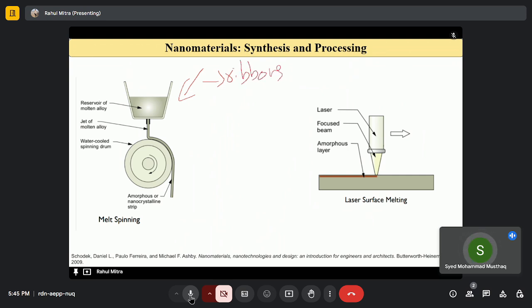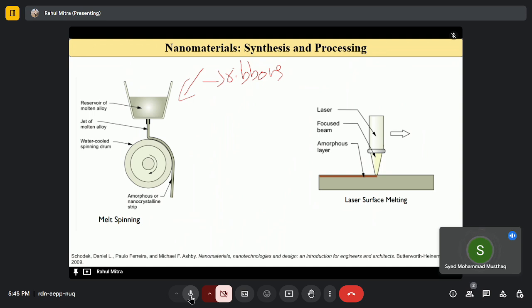We have a melt at elevated temperature, and this melt is poured onto a water cooled drum which rotates at high speed, 1400 rpm, and this decreases the time required for the transformation from liquid to solid. A jet of liquid melt is squirted onto the spinning water cooled drum, which results in the formation of ribbons, or the nanocrystalline ribbons.